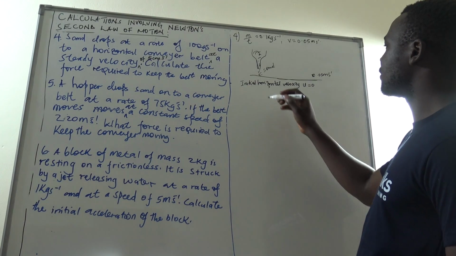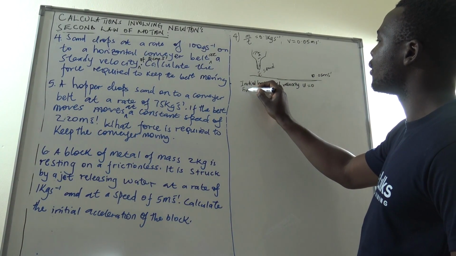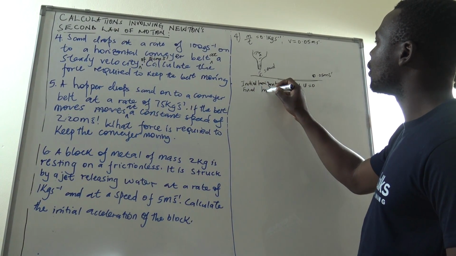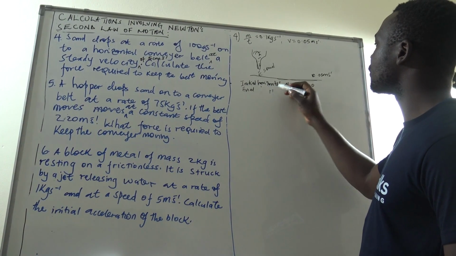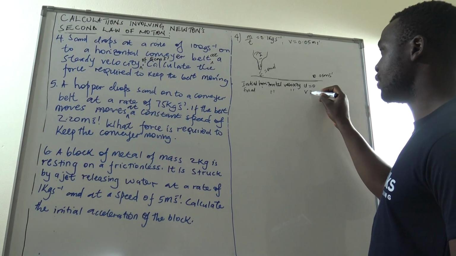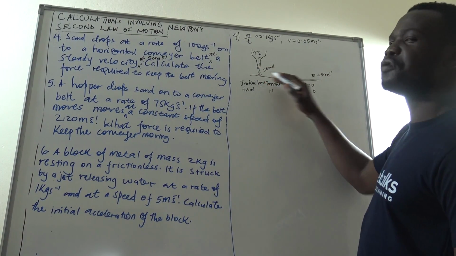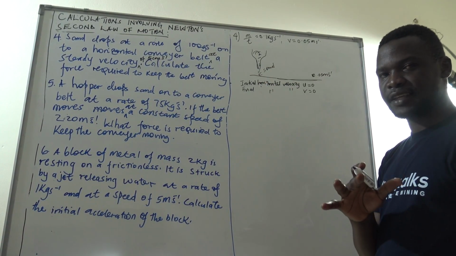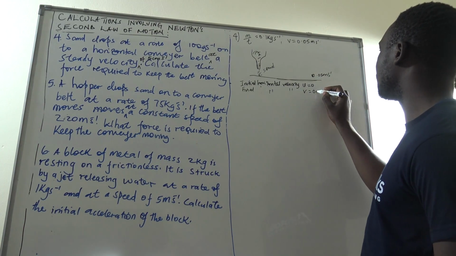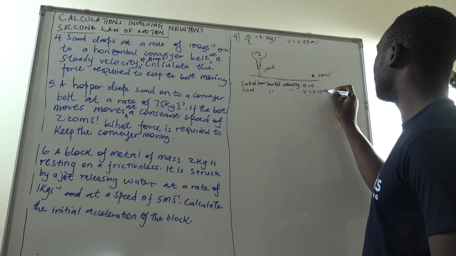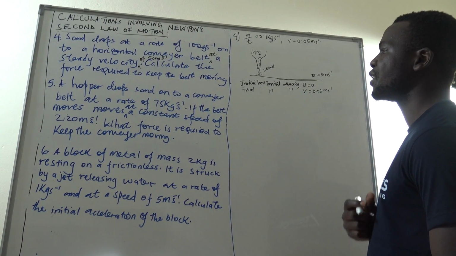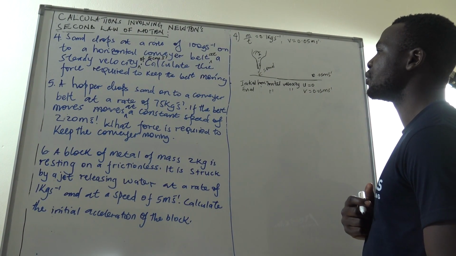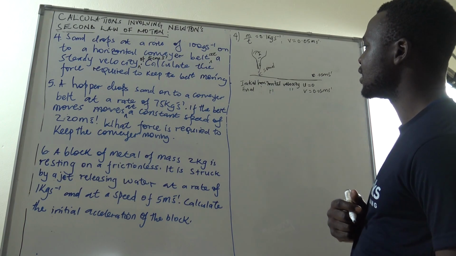Afterwards, the final horizontal velocity of the sand, v, is now the same speed as the belt. So this is 0.05 meters per second. Now this question said calculate the force required to keep the belt moving.